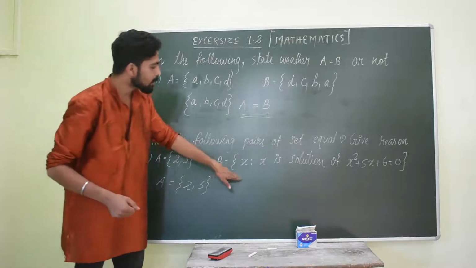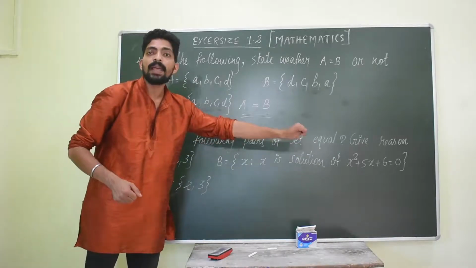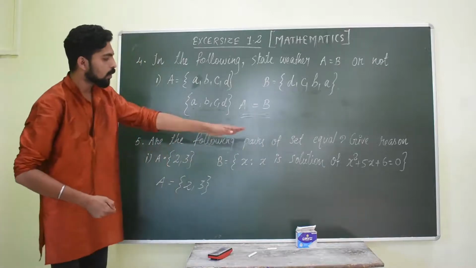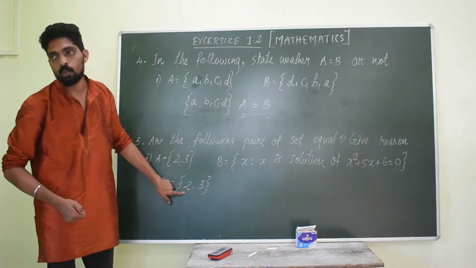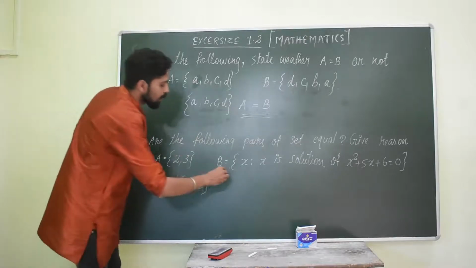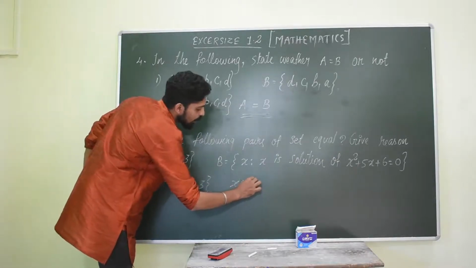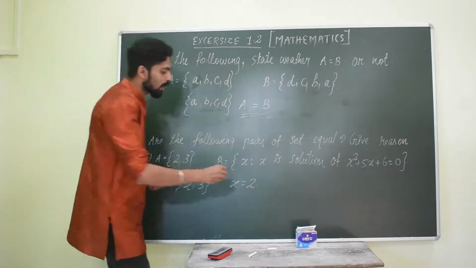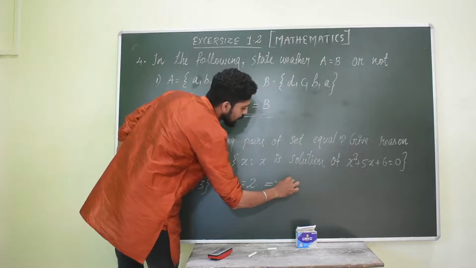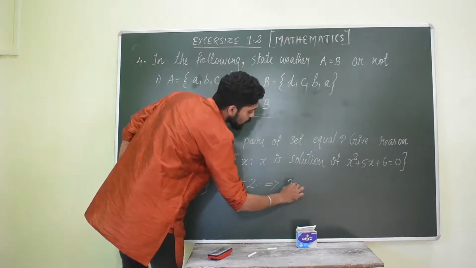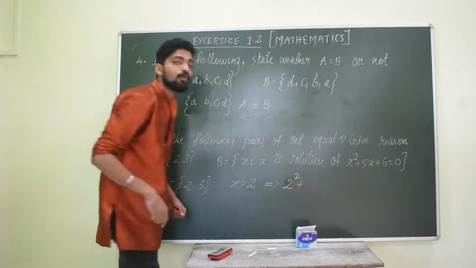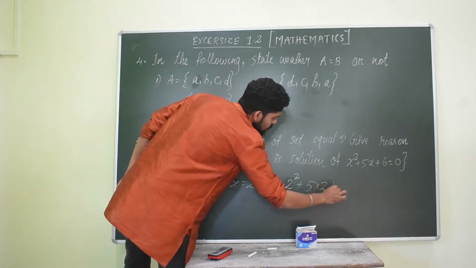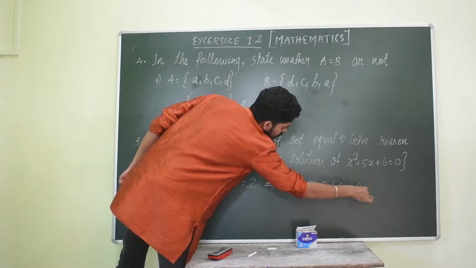Okay. For set B, you want to apply the x in the equation, right? We can apply the first element, 2. You can check this one. In x square plus 5x plus 6, x is equal to 2, then how will the solution come? x square means 2 square plus 5 into 2 plus 6 is equal to 0, right?